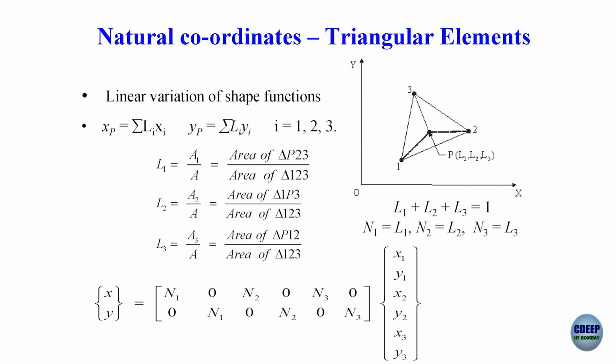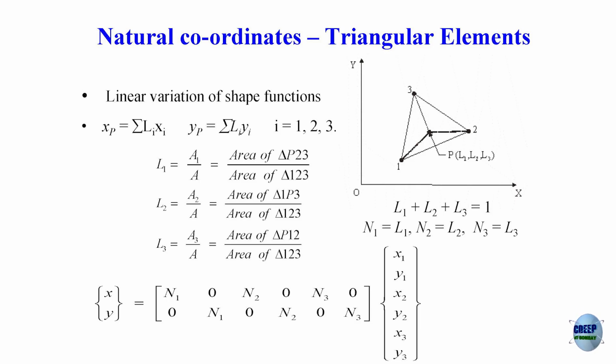So the variables zeta and eta are changing from -1 to 1. Here, if I define it with -1 to 1, it becomes a little complicated because you have a triangular shape. So for triangular elements, the natural coordinates are defined in terms of what is shown in this figure, each of them varying from 0 to 1.